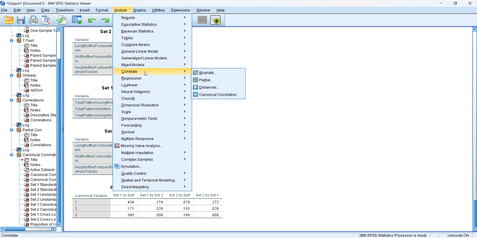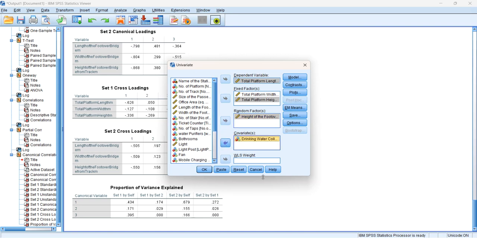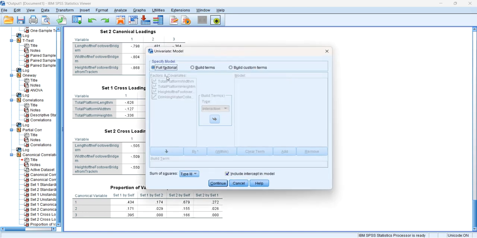From here they can analyze, and there is also the univariate model, because you need to know your dependent variables, the fixed factors, one or multiple factors, and the random factor, which you can consider. Then the covariates, everything you need to know. Then you come under the model, the full factorial model, where there are many factors, build terms, and the interaction model and all.